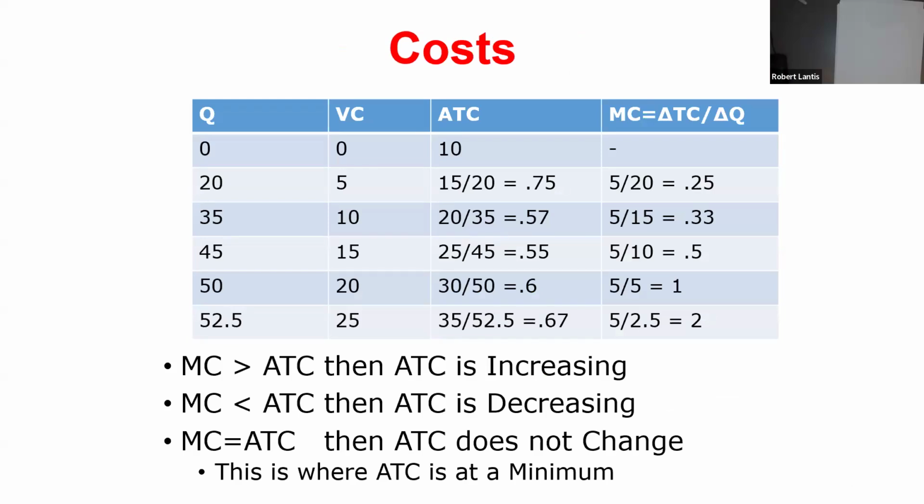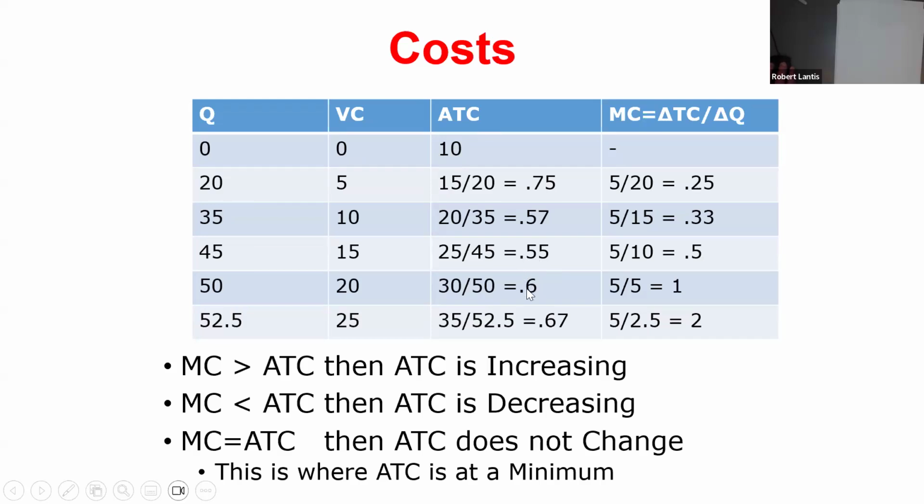Okay? So maybe like a shorthand way of remembering this, we kind of see these values starting from a quantity of 0. Let's say I had total fixed costs that were 10. Well, if I produce nothing, it's kind of weird. I really can't calculate an average, but it's kind of like my average is 10. So here, as I kind of increase my production, what's going to be happening to my average total costs? Well, initially, they're going down.